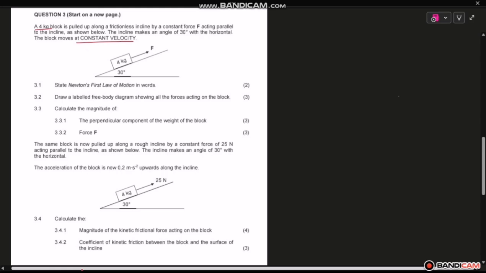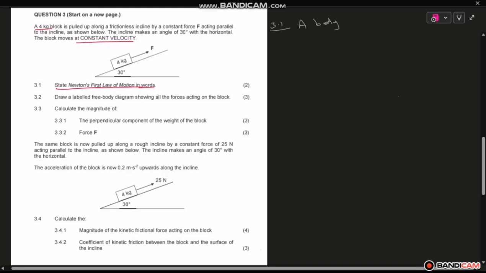So our block is on an incline surface. They want us to state Newton's first law of motion in words. 3.1, let's state it.